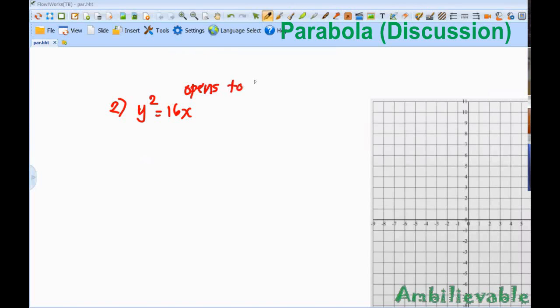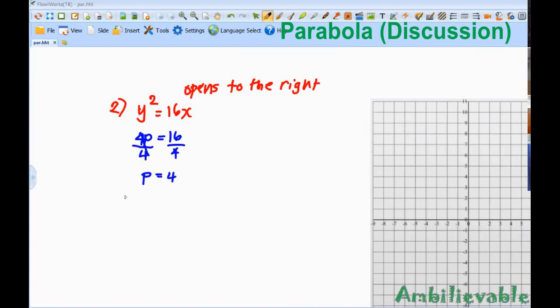Opens to the right. Okay, so next, we get 16, so 4p equals 16. Divided by 4, p is equal to 4.